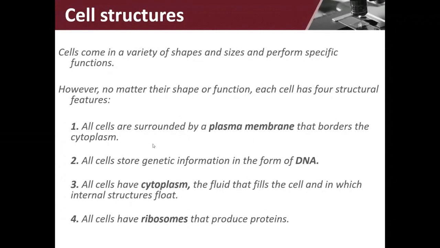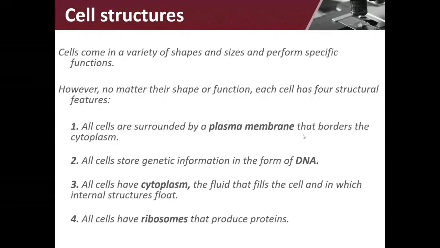Don't worry, this is just a preview of what's coming for this semester. But you definitely should know these 4 things. I can guarantee you probably in your post-lab analysis, there's going to be a question that says, what are the 4 things that all cells share? And you're going to have to know those 4 things: plasma membrane, DNA, cytoplasm, and ribosomes.